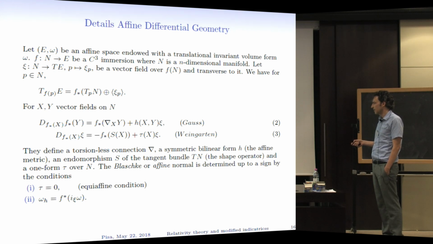So the Blaschke normal is selected by this condition. There is just one choice of transverse which is equiaffine. And there is a compatibility condition. The volume form that you get using this affine metric is the same as that induced on the surface, on the upper surface, by the volume form of the affine space using the transverse.